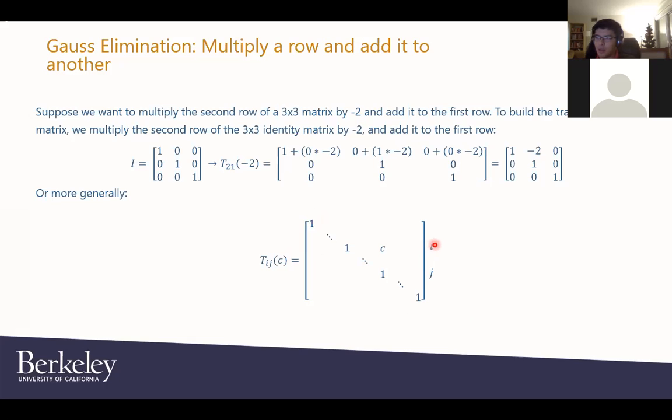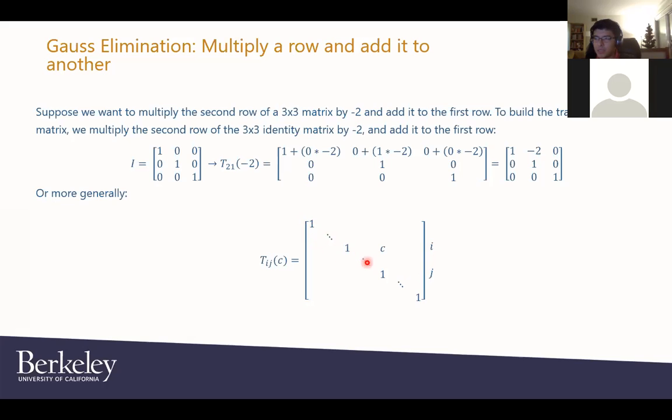If we want to add C times row I to row J, we will change the ith row to a C on the Jth position. So pay close attention to the indices here.